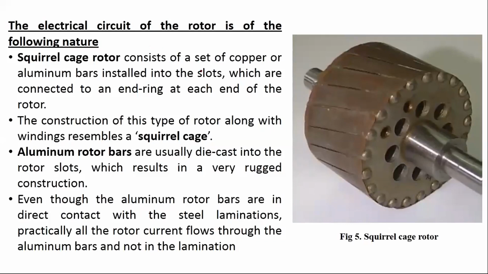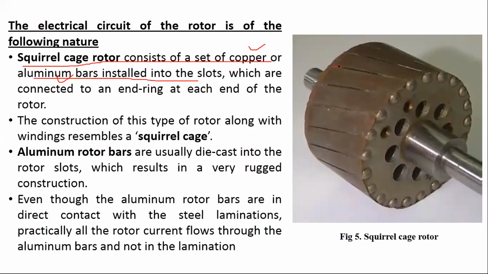Okay, so squirrel cage rotor consists of a set of copper or aluminum bars installed into the slots. So instead of having winding wires basically, copper or aluminum bars are used and they are put into the slots.